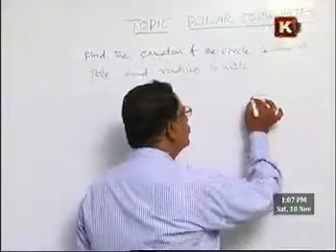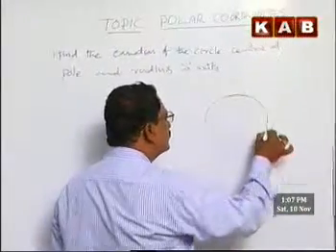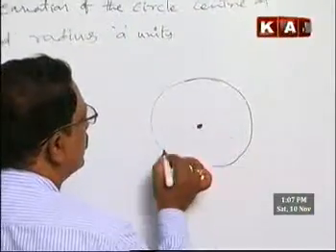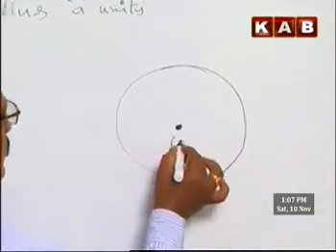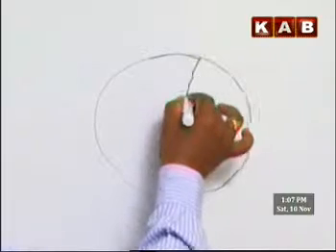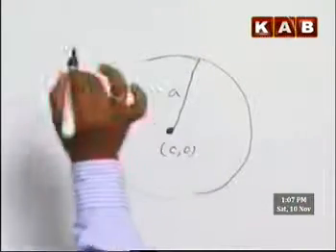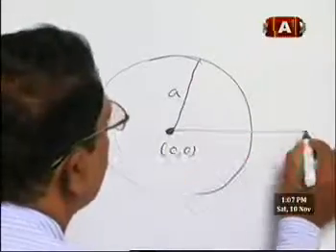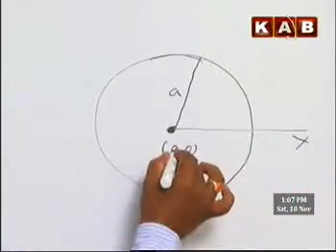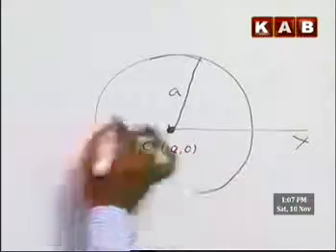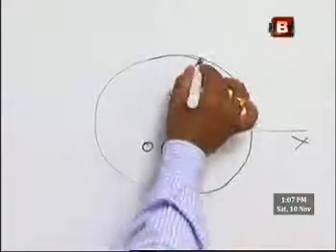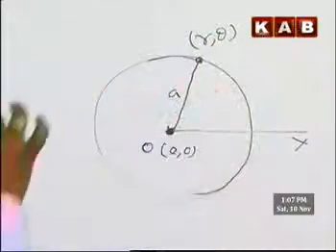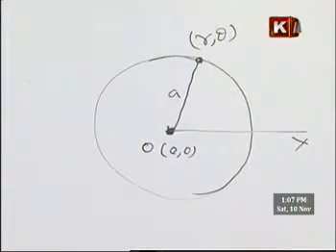Now, the required equation of the circle with center at pole, which is nothing but the origin, and radius A. Let O be the pole and let P(r, theta) be any point on the circumference of the circle.